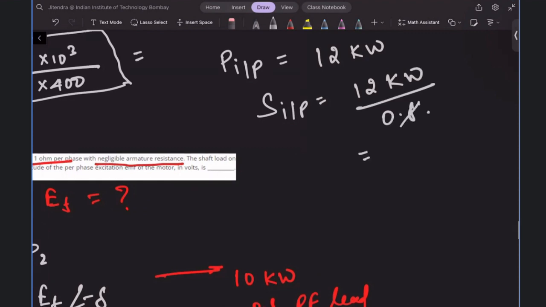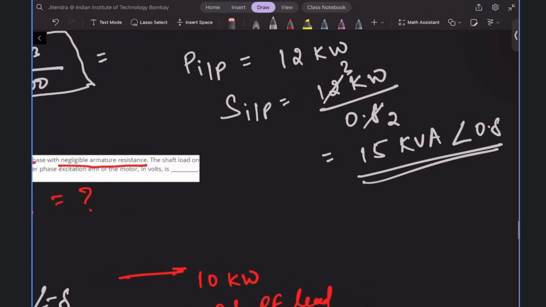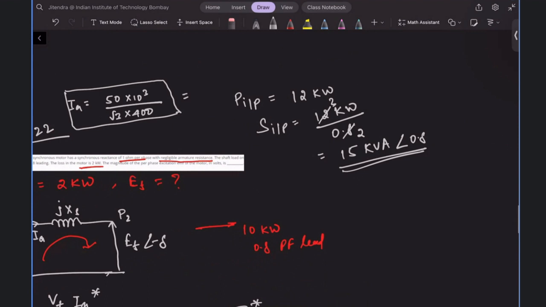So 15 kVA at 0.8 leading. And so this is the condition where your motor is operating in this particular problem. So now armature current you have to calculate according to this condition.